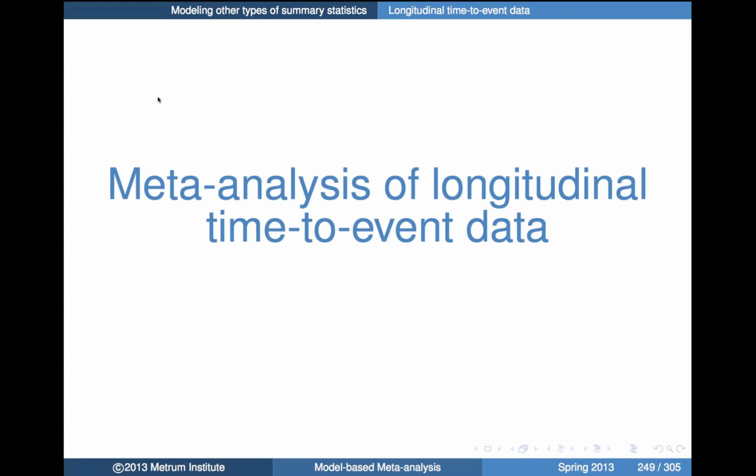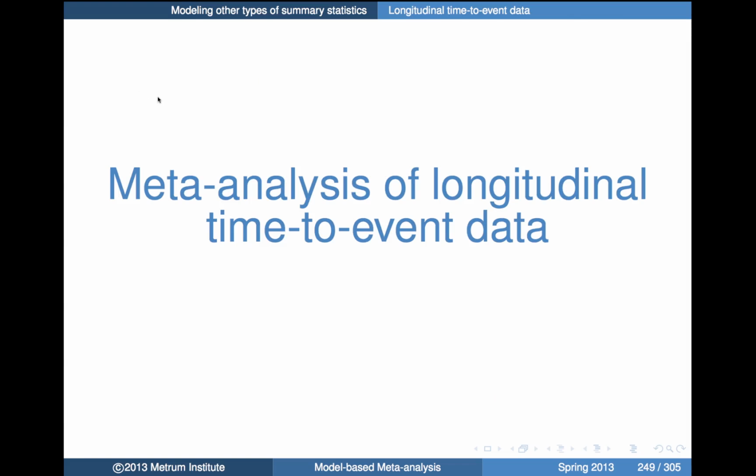But when it's not presented, then the data is more likely to be summarized in the form of something like the fraction or number of patients that experienced an event during the study period. And if that's the case, then you could just use the approach we described previously for binary data, except that the probability for an event needs to be adjusted for the trial duration, given some assumption about the hazard time course.